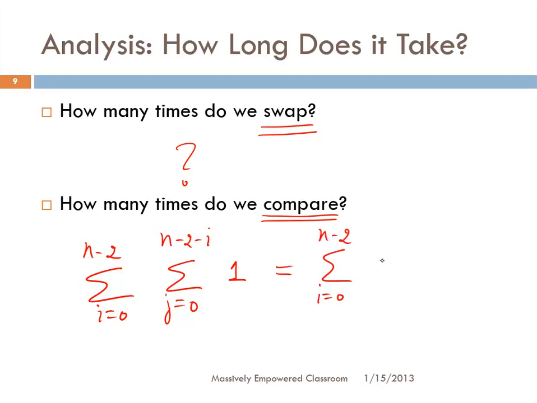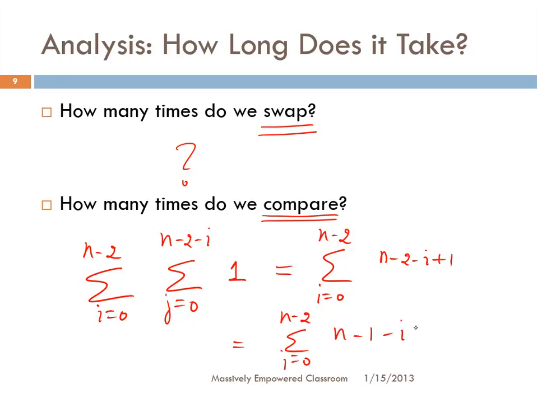If I now compute the inner thing, what is that? So this is like n-2 minus i plus 1, right? Or in other words, it is nothing but sigma i equals 0 to n-2 of n-1 minus i.